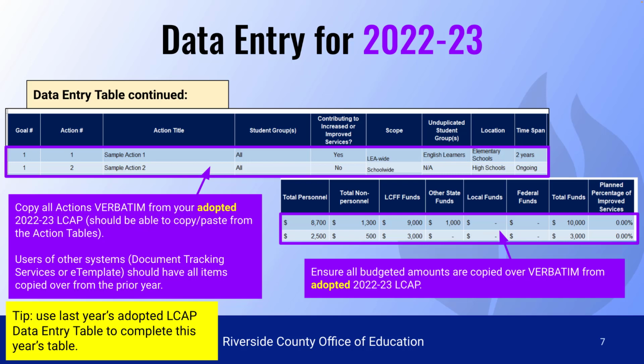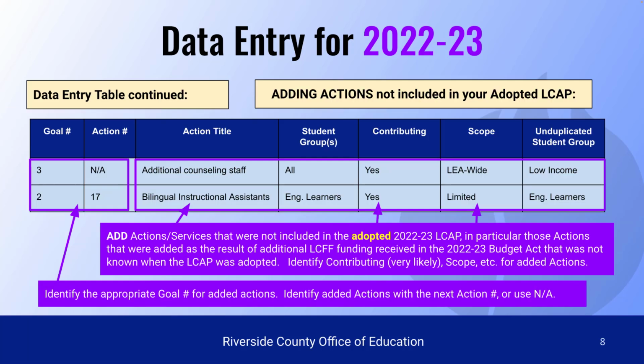Ensure that all budgeted amounts are copied over verbatim from your adopted 22-23 LCAP. It may be that you have added actions and services that were not included in your adopted LCAP. This is likely due to increased funding received on the final budget adoption that was not known when you adopted your LCAP.